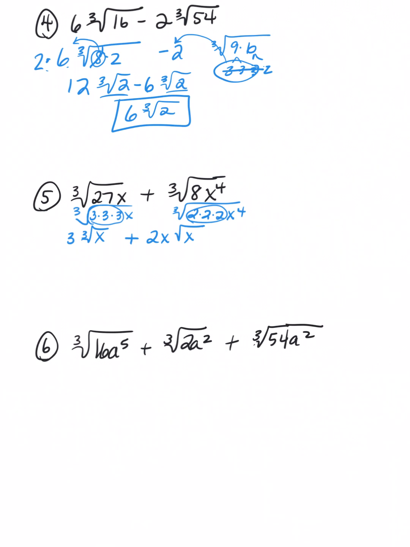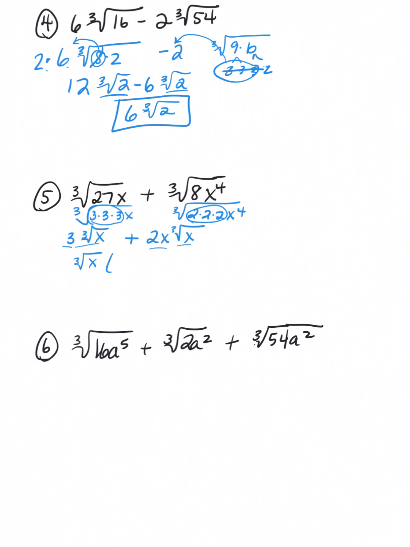Now I look at what I have, and they are both cube roots of x, so I can combine like terms. Except 3 and 2x are really not like terms, are they? But what I can do is kind of like a GCF thing. Take out that cube root of x. It's going to look weird for a second.